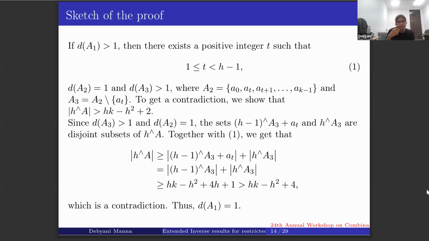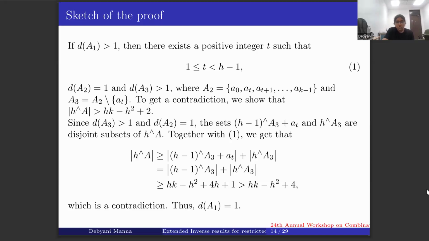For a contradiction, we will show that the cardinality of h^A will be greater than hk - h^2 + 2.